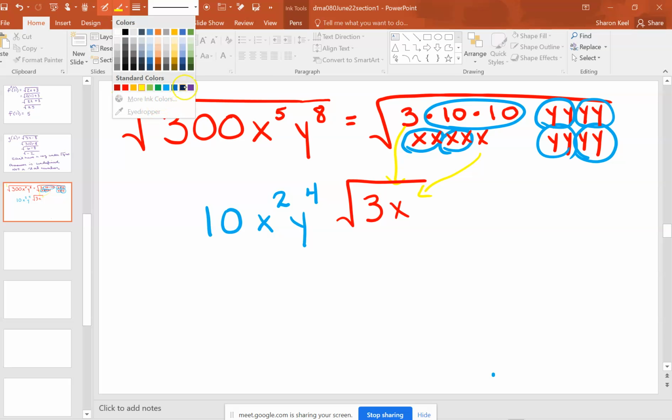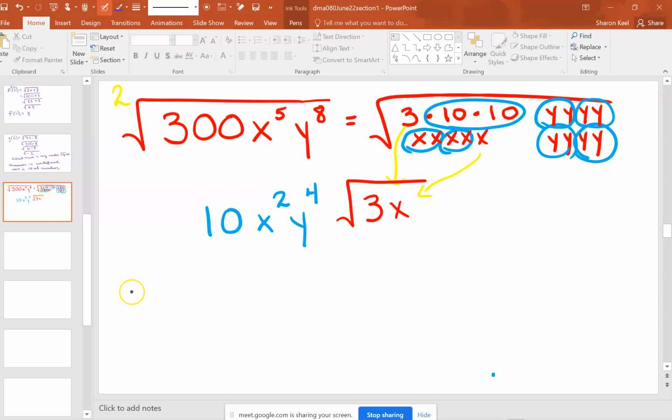Let me give another example. Let's say we're going to do the cube root of 500 m to the 8th n to the 18th.